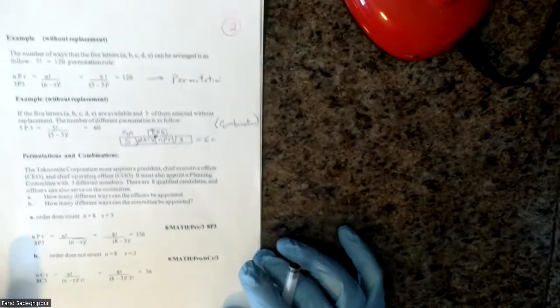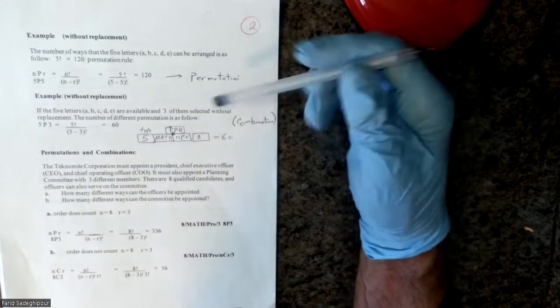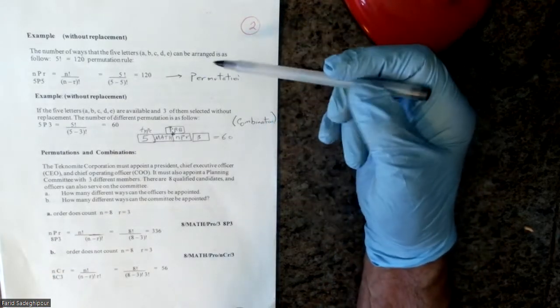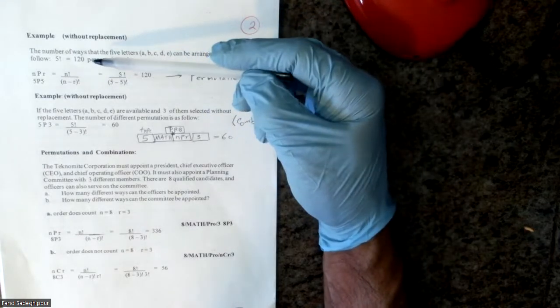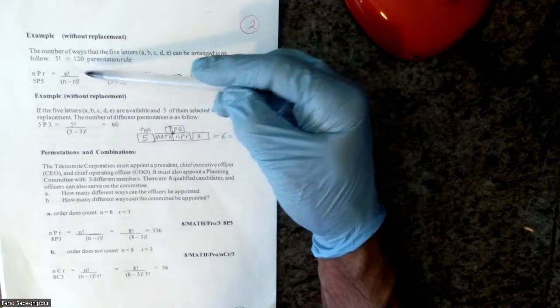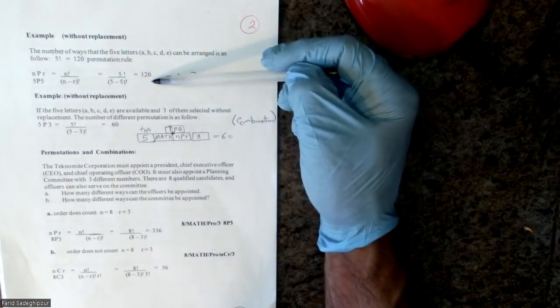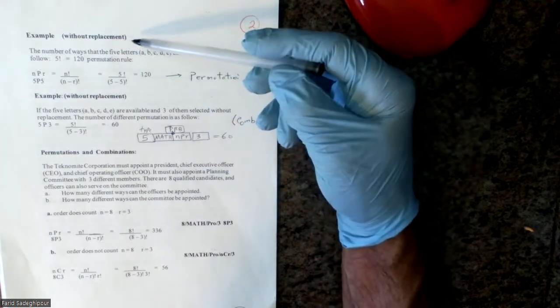Now, these are the examples. There are a number of ways that 5 letters A, B, C, D, E can be arranged. So it's either 5 factorial, or you could use the formula, 5 out of 5. There are 120 possibilities. And it's without replacement.